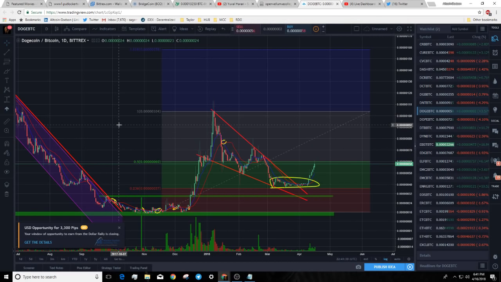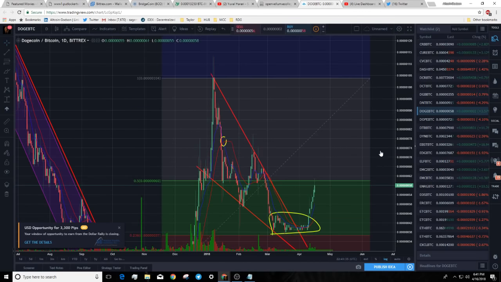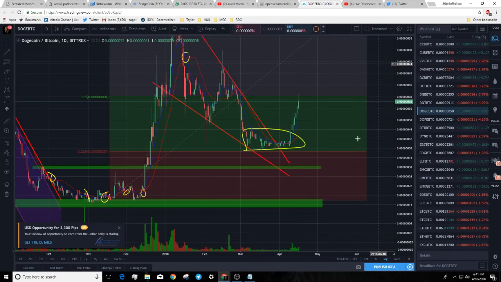So when it comes to fibs, you can use fib extension layers. It's kind of interesting that if you use the fib, this accumulation zone happens somewhere right above basically half of the 50% fib. It could be a coincidence.